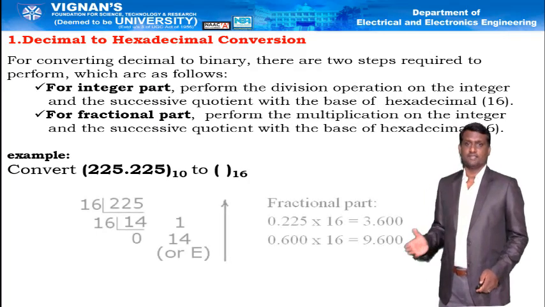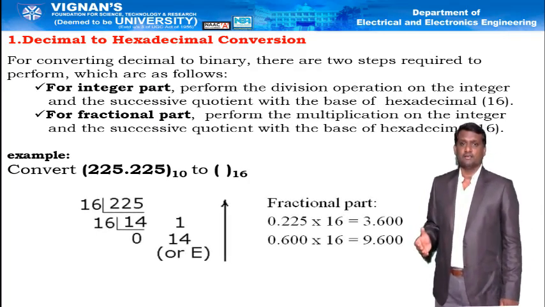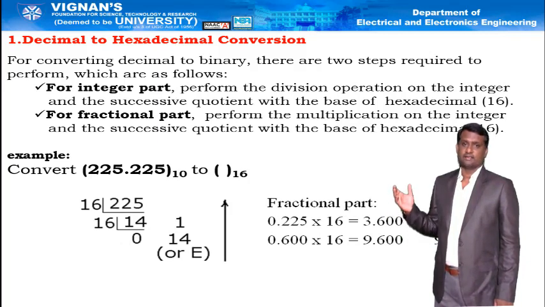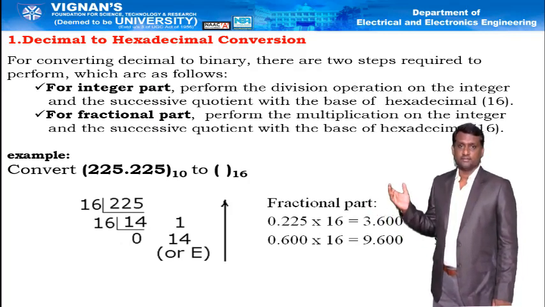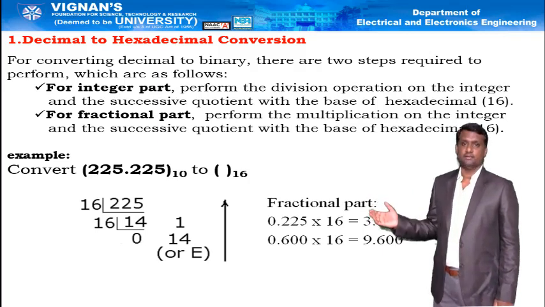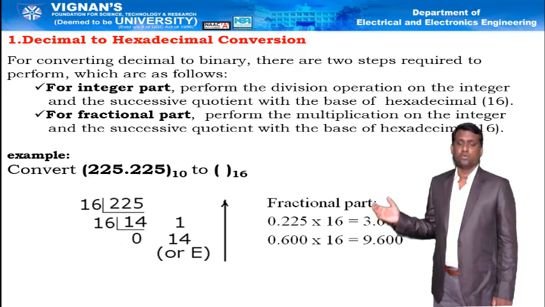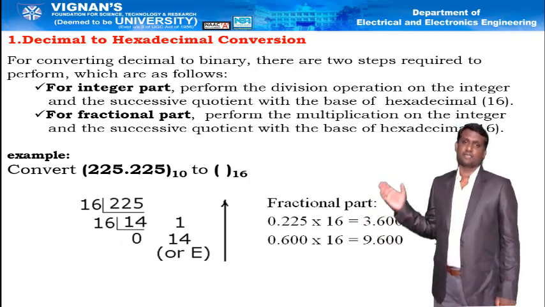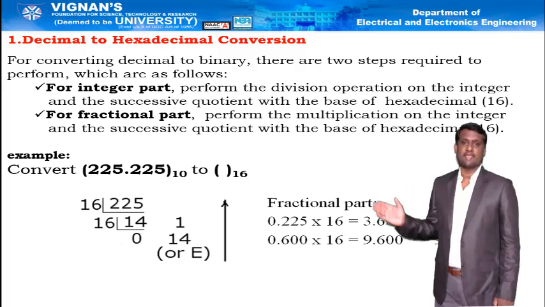So we will see here, 225 divided by 16, the remainder is 1 and the quotient is 14. Here 14 cannot be divided by 16, so we take that 14 as it is.